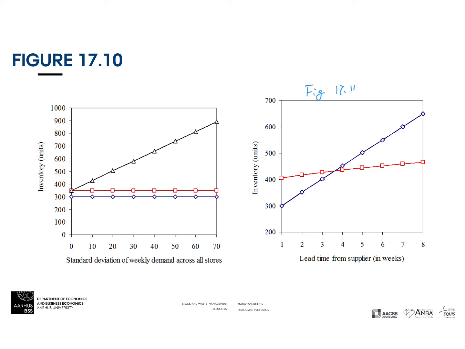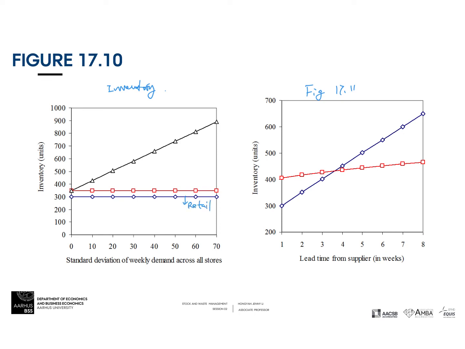So in the figure 17.10, we're talking about the inventory with a consolidated distribution supply chain. So we have different types of inventories. Now you can actually see you have the blue lines, which is a retailer. So this is a store level inventory.